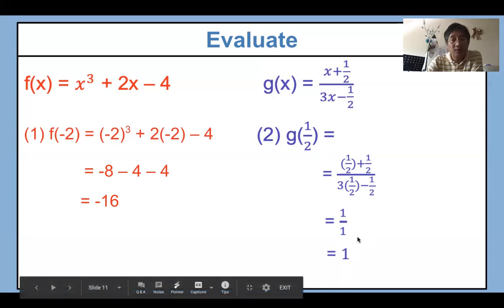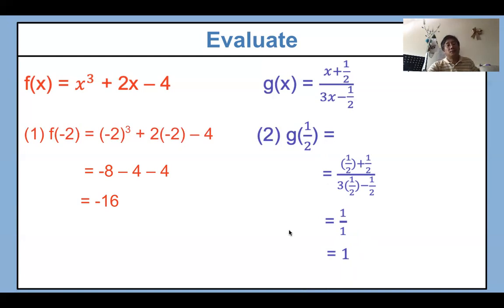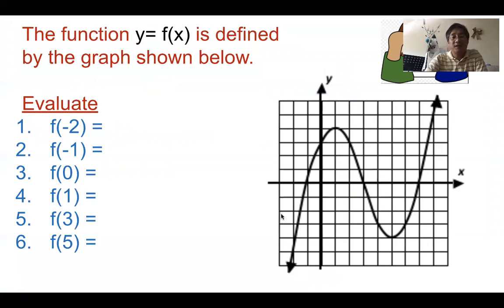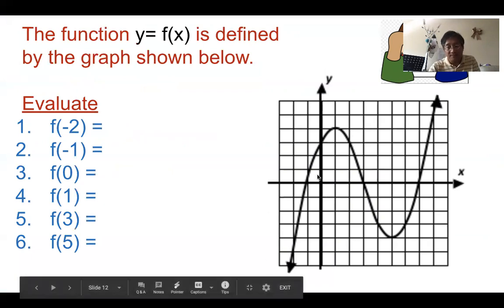Is everything clear to you now? All right. Then I'll give you the error analysis. Oh, before I give you the error analysis, we have a new graph. This graph is f of x. The function is not given, but this is f of x now, right?